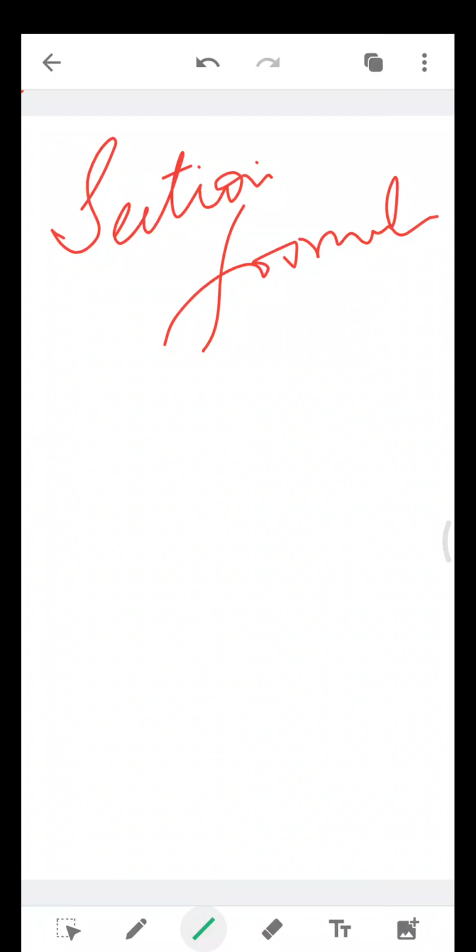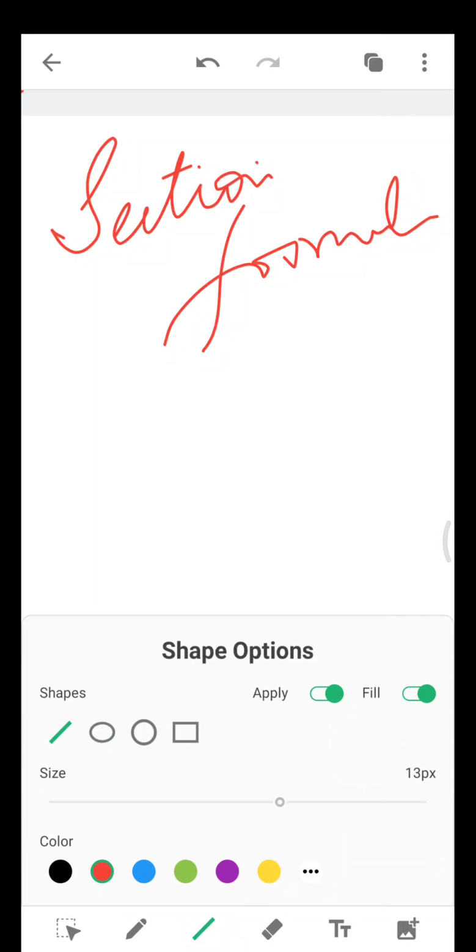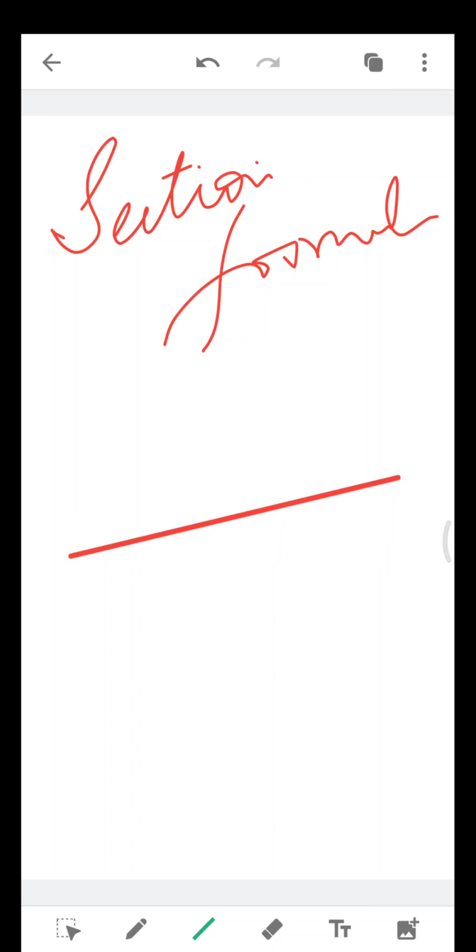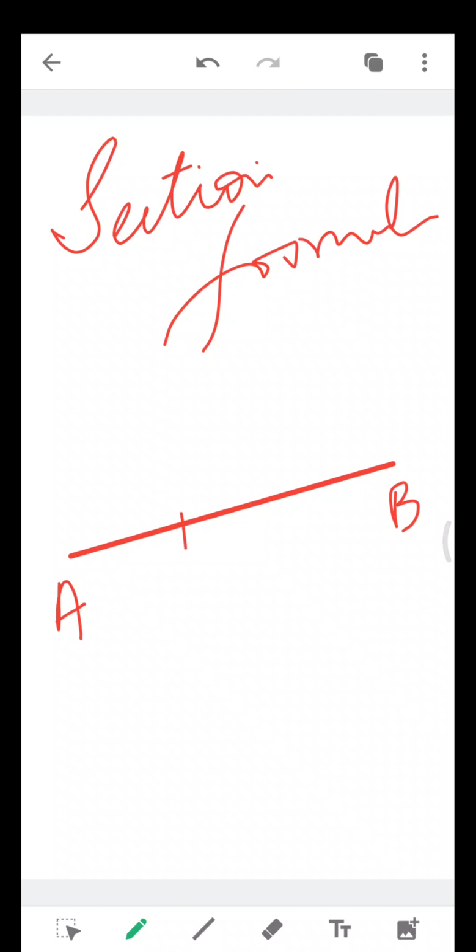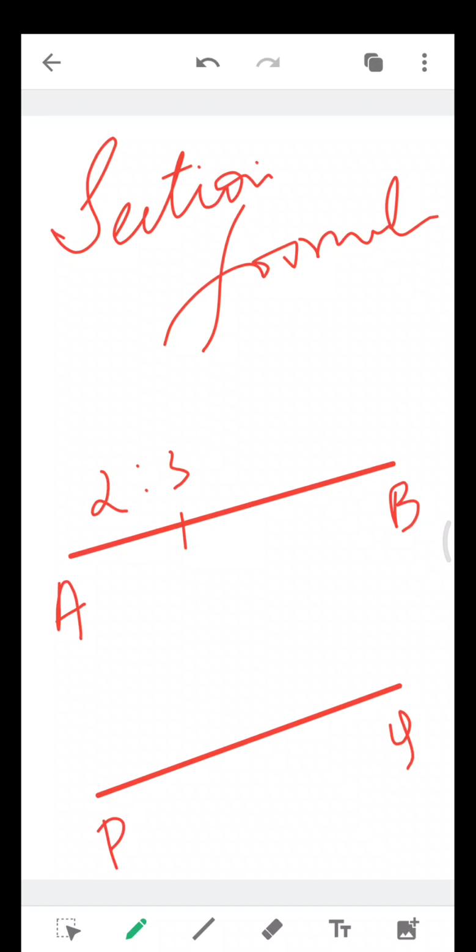If a line segment AB is divided in some other ratio, say 2:3, or say line segment PQ is divided in the ratio 3:1, means 3 parts are here and 1 part is towards this side.